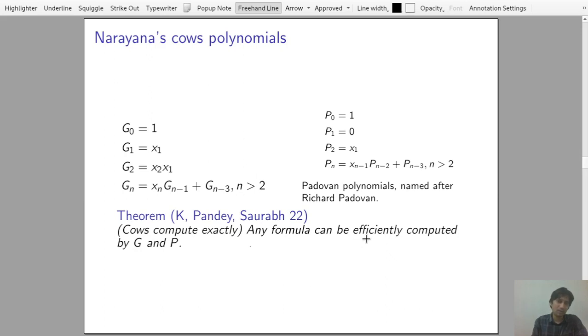Here computation by these polynomials is defined as above: we allow substitutions by variables and constants, and the efficiency is the minimum index of the polynomial in this family that computes the required polynomial. If you are familiar with algebraic circuit complexity classes, we are basically proving that these two families are complete families for the complexity class VF.